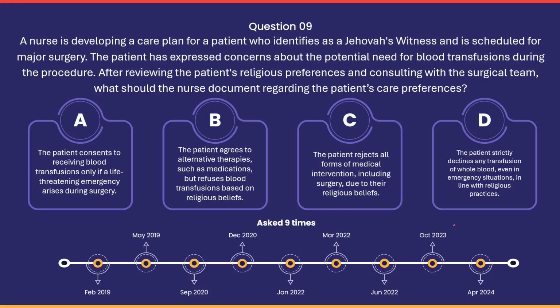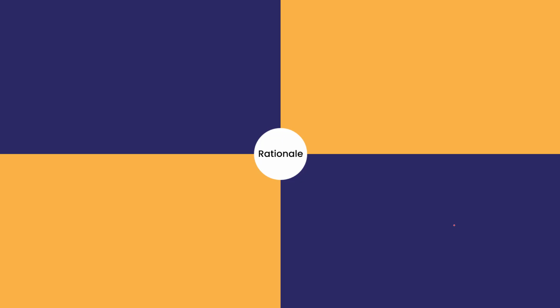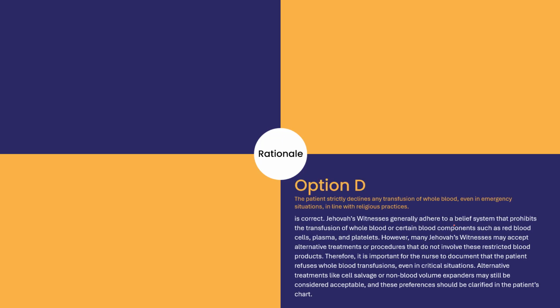The correct answer is D. The patient strictly declines any transfusion of whole blood, even in emergency situations, in line with religious practices. D is correct. Jehovah's Witnesses generally adhere to a belief system that prohibits the transfusion of whole blood or certain blood components, such as red blood cells, plasma, and platelets.